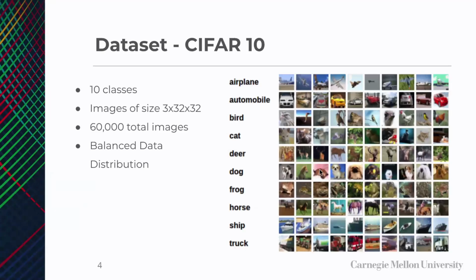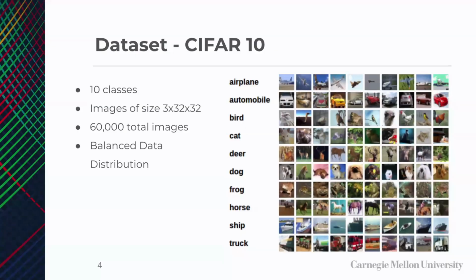Okay, to start with, the data set that we'll be using for this lab is CIFAR-10. It has 10 classes, which involve different objects: airplane, automobile, birds, cats, and so on, just 10 classes of items in that data set. The image size is 3 by 32 by 32.